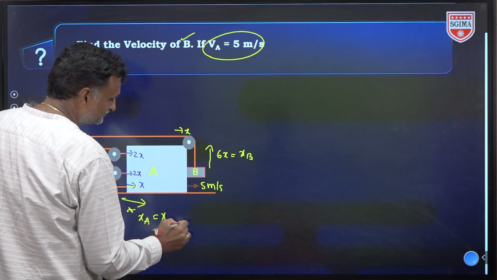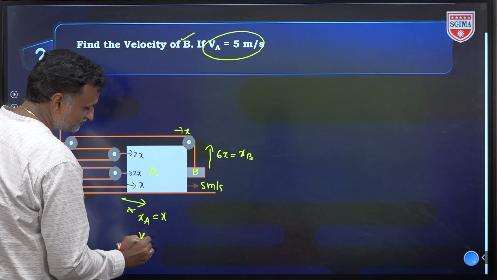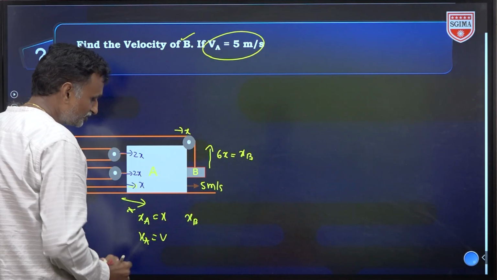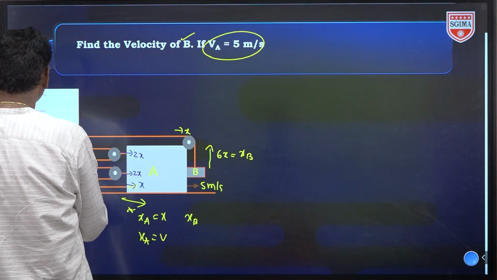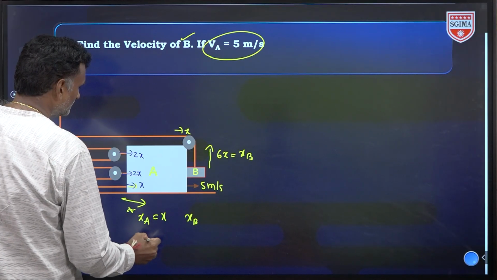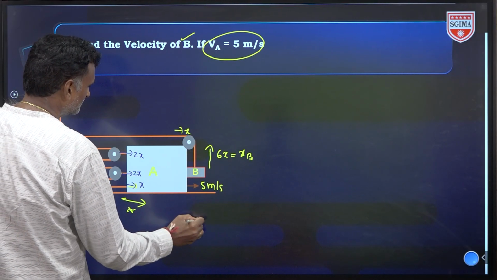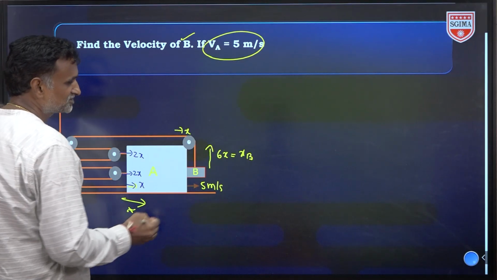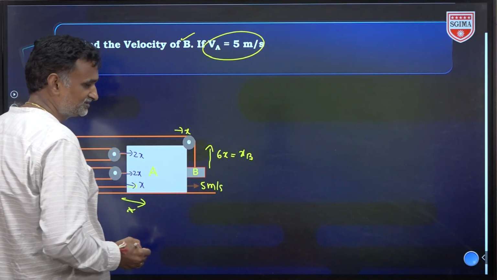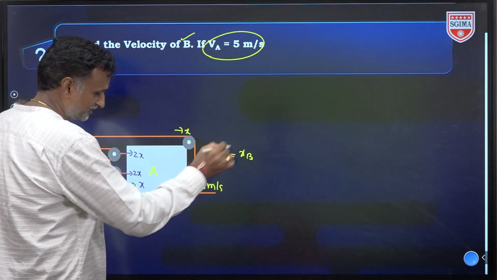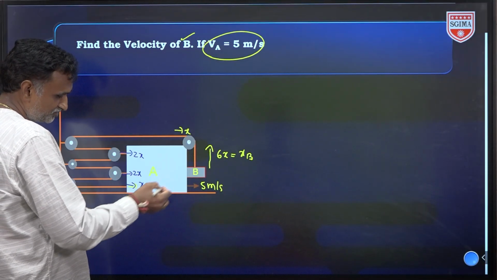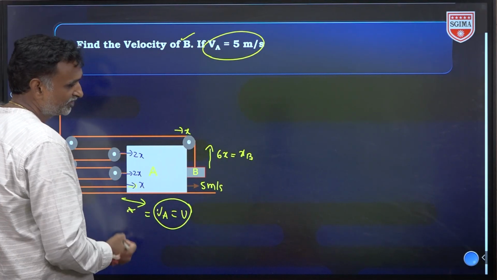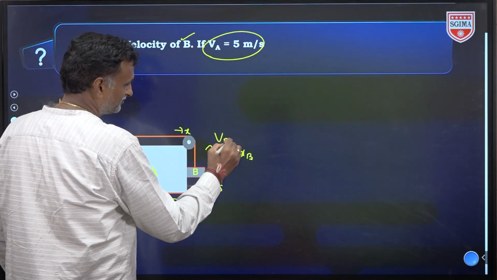So we can take xa velocity as v, then xb velocity. Like this, xa is this much, okay, and xb is 6x. So we need to take the velocity. If A is moving with speed v, meaning VA equals v, then what is VB equal to?